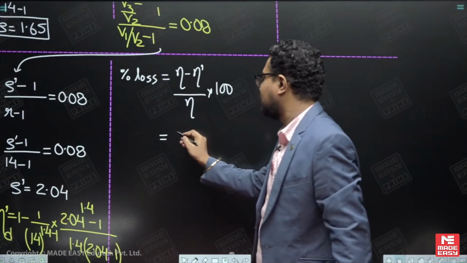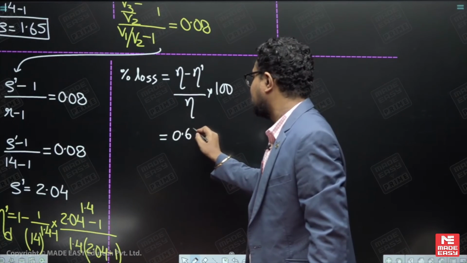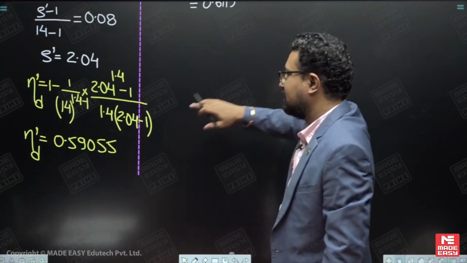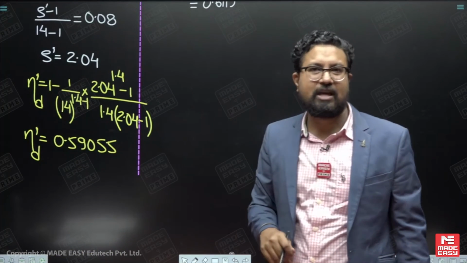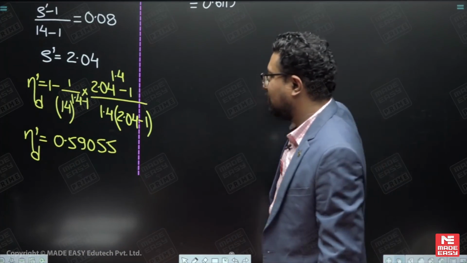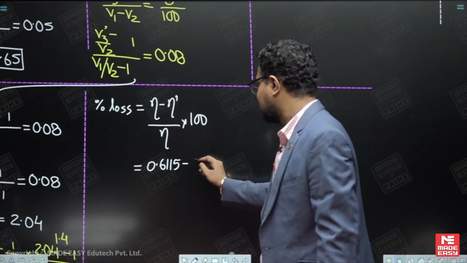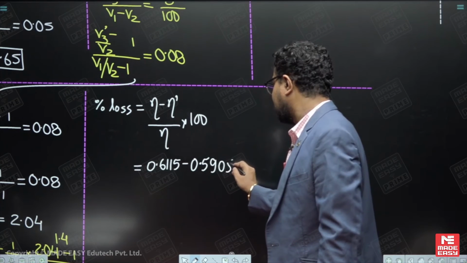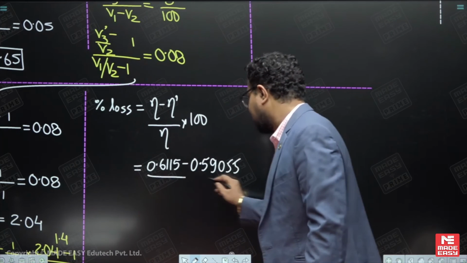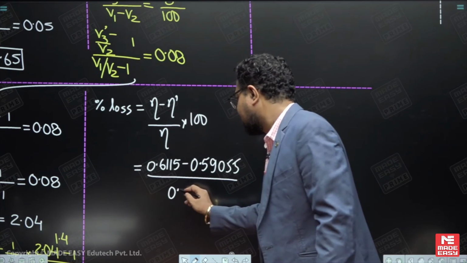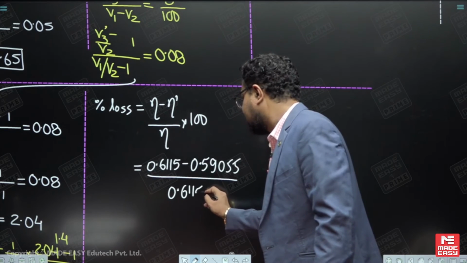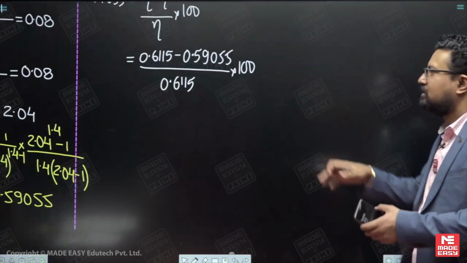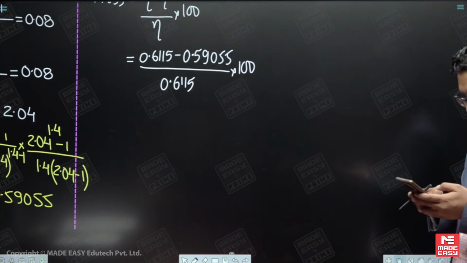So 0.6115 minus eta dash, the efficiency for the diesel cycle, 0.59055, divided by the initial value 0.6115, and this into 100.